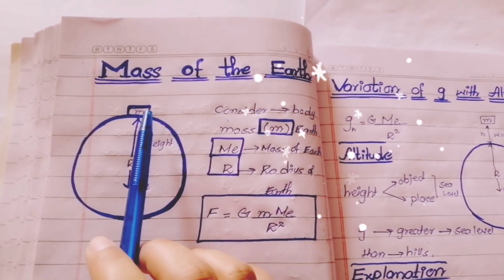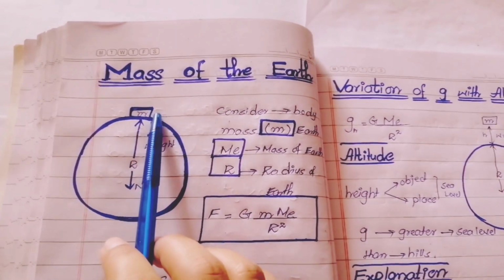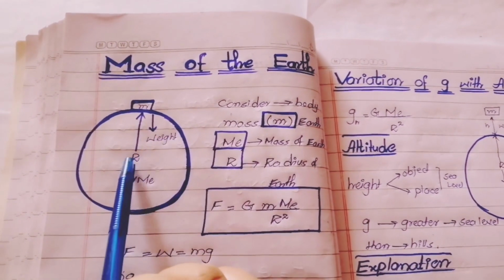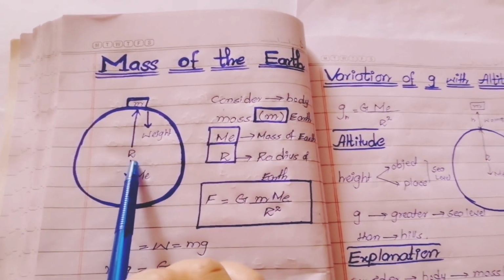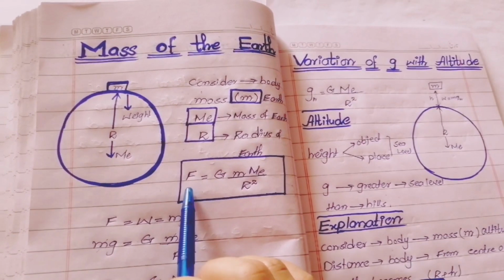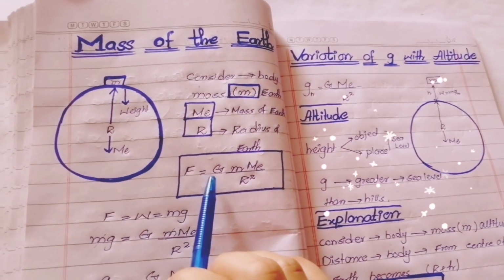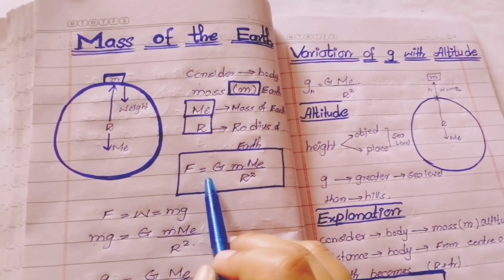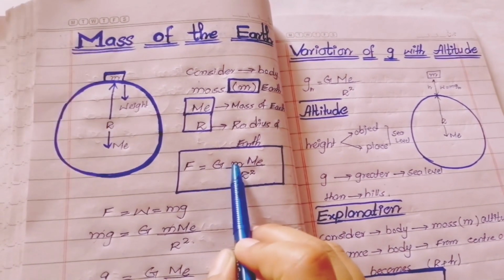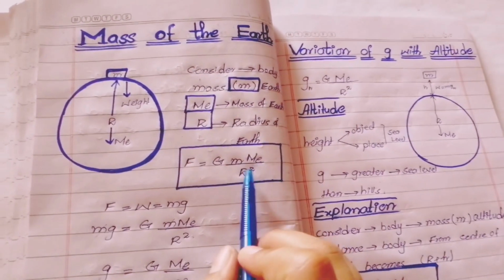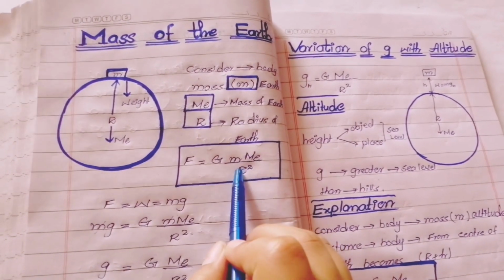So we have represented the mass of the body with a small m, the mass of the Earth with ME, and the radius of the Earth with R. The force of gravitation acting on a body is given by the formula F equals capital G, small m, mass of the Earth, over the square of the radius.